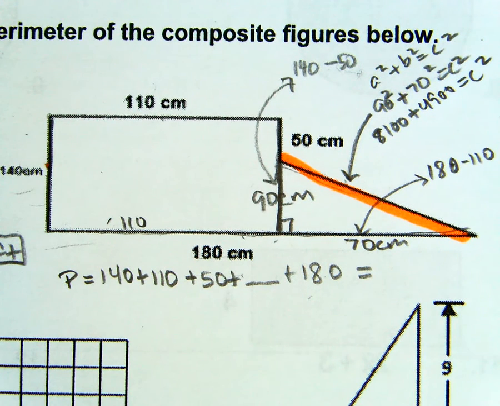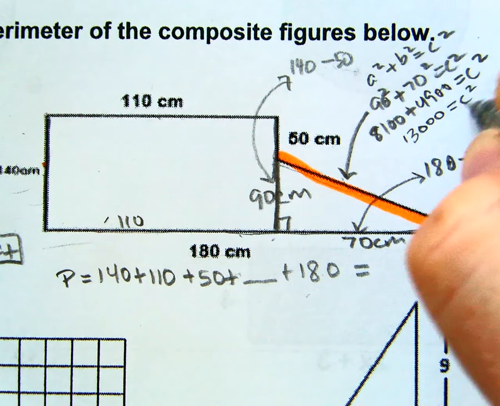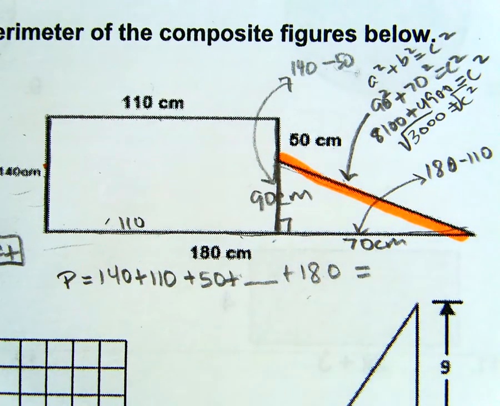And when I combine those, I get 13,000. And I'm going to take the square root of both sides in order to get the value of c.